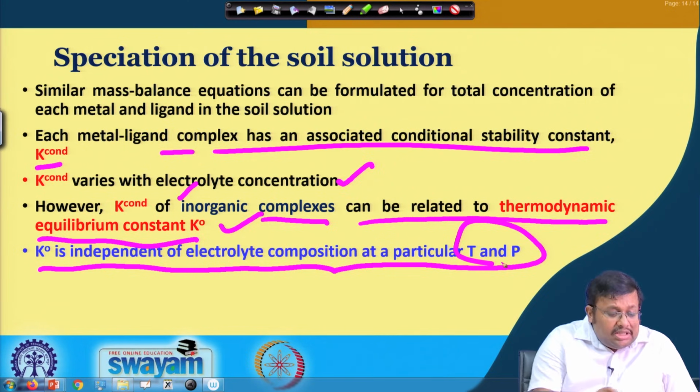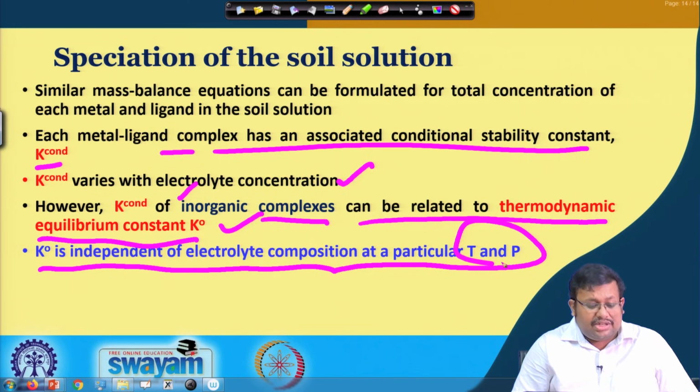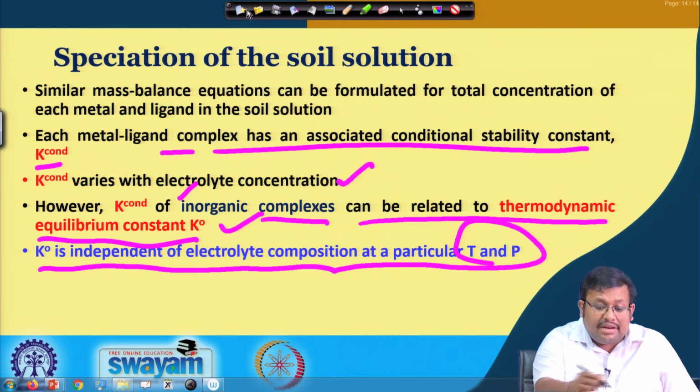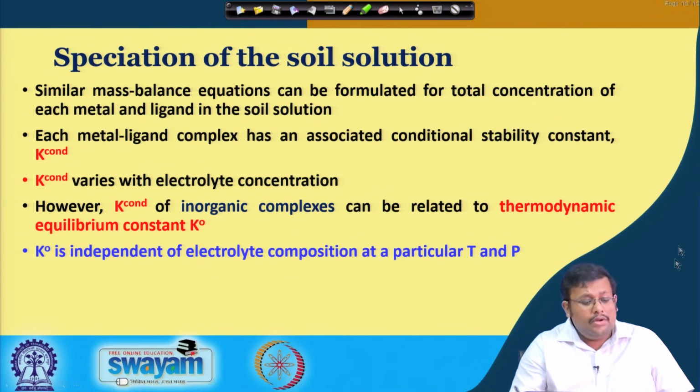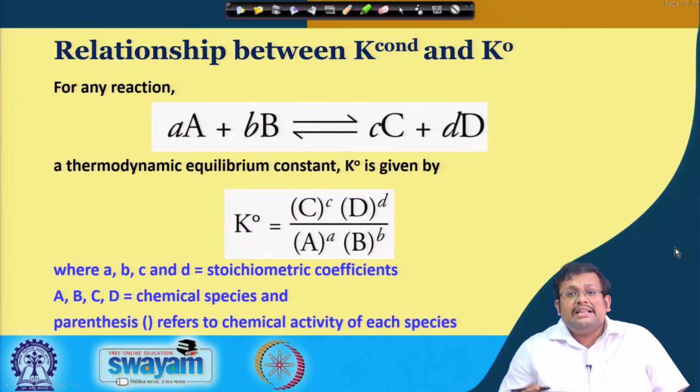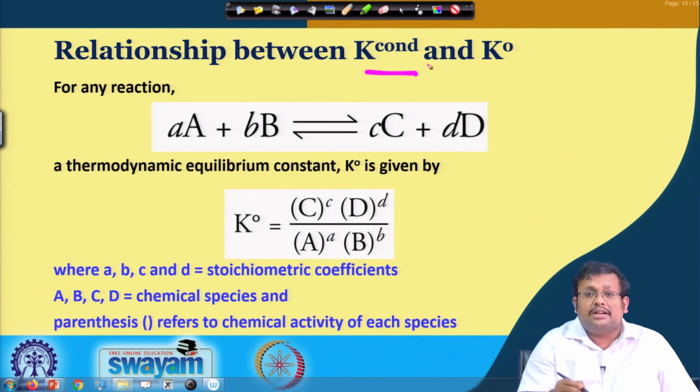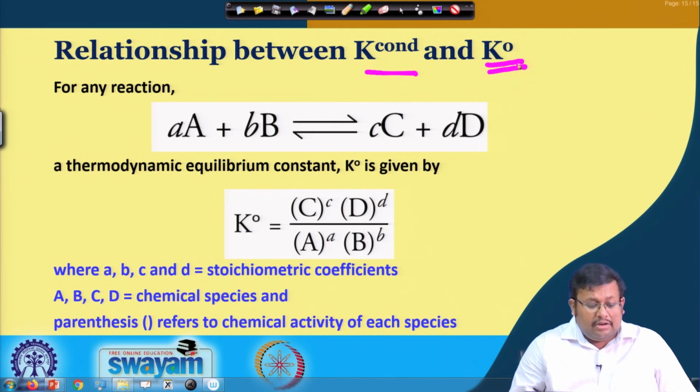So, although the conditional stability constant varies with electrolyte concentration, the thermodynamic equilibrium constant K0 is independent of electrolyte composition at a particular temperature and pressure. So, what is the relationship between these two constants, the conditional stability constant and the thermodynamic equilibrium constant?